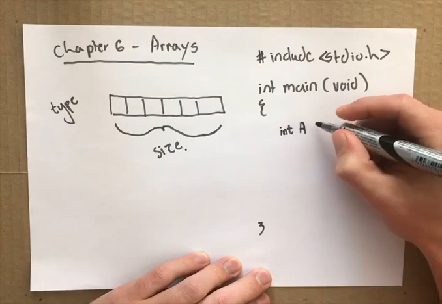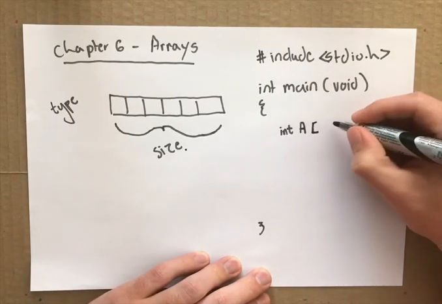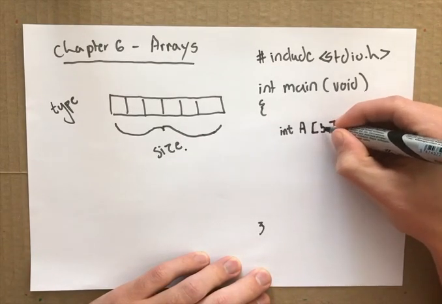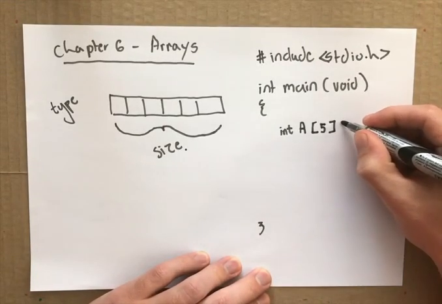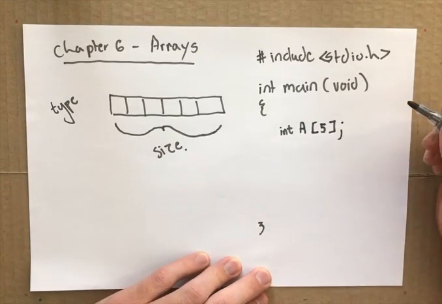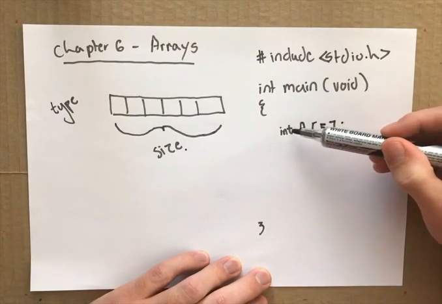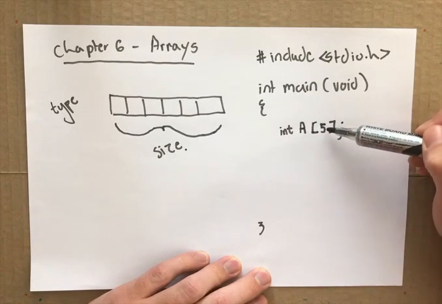Now the size of the array is indicated in square brackets, and let's say, for instance, this array has a size of 5. So this is the normal way of declaring an array. So if we read this, this is going to be an array of type int with the name A and a size of 5.